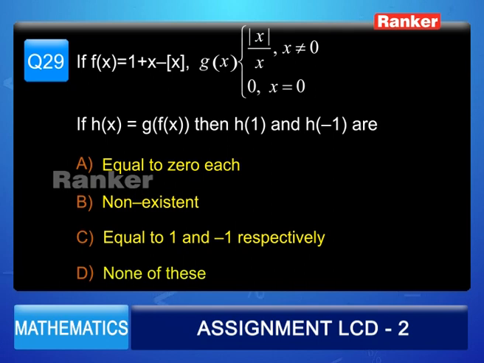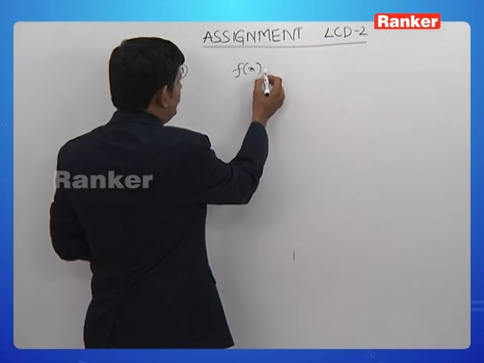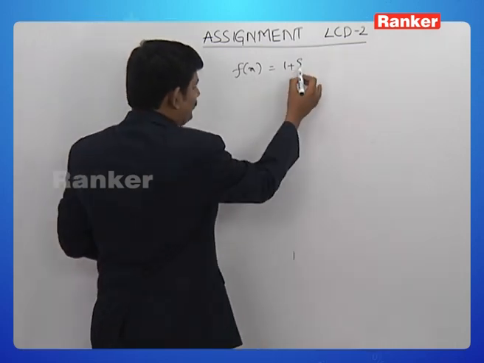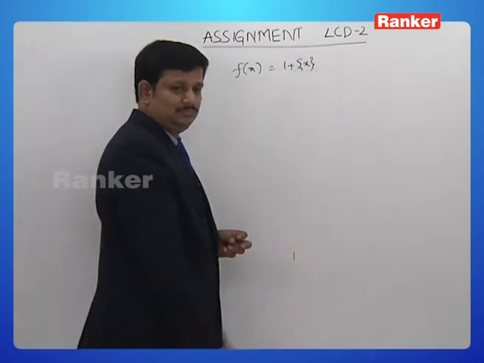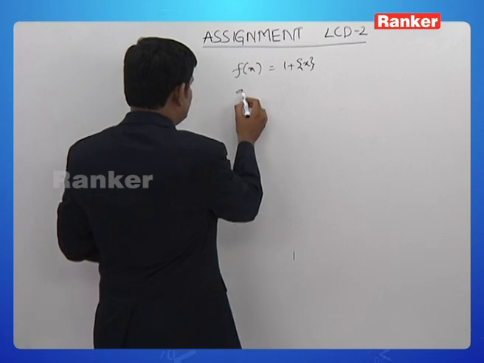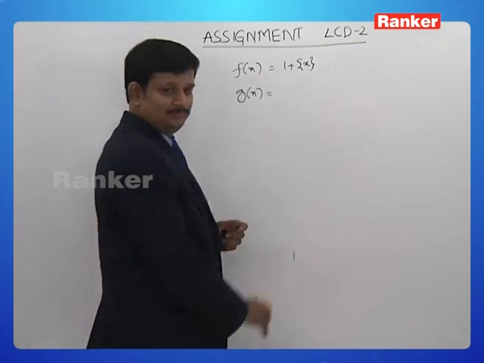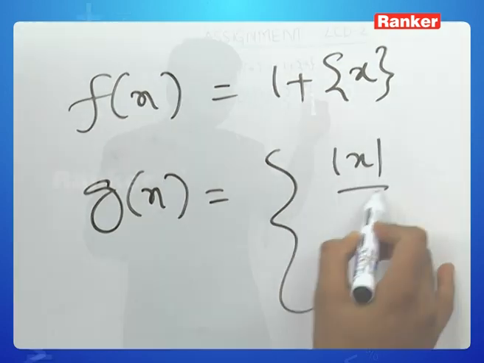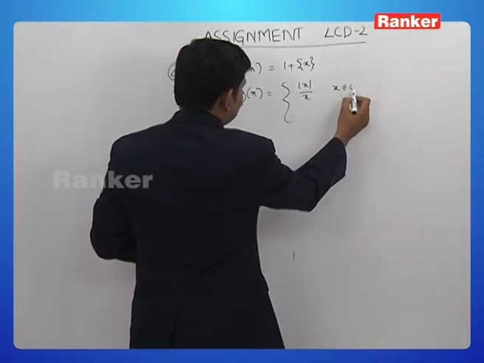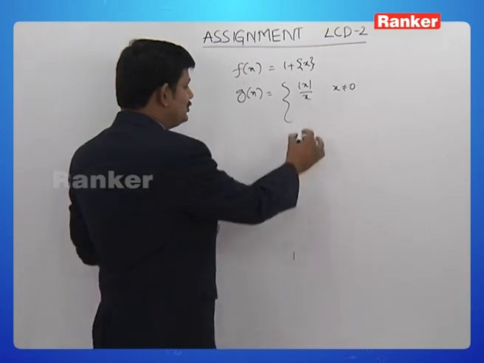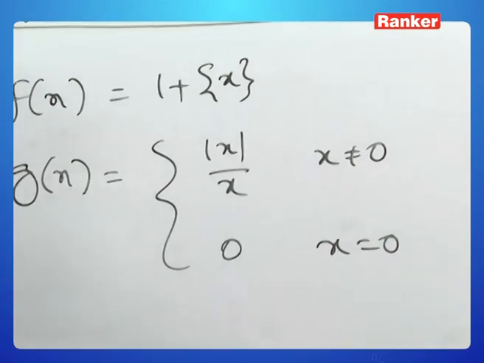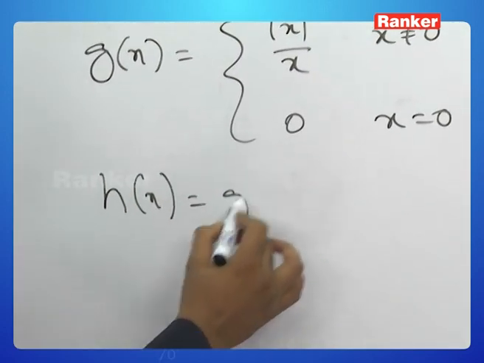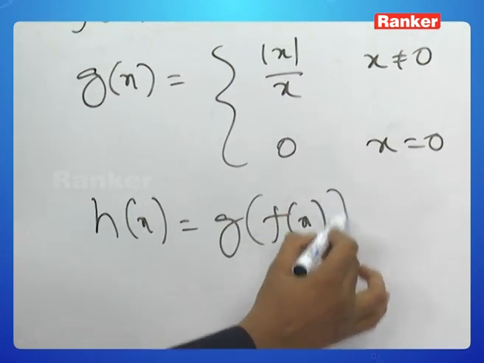F of x is given to be 1 plus x minus integral part of x, which is 1 plus fractional part of x. G of x is given to be mod x by x if x is not equal to 0, and 0 if x is equal to 0, and h of x is defined as g of f of x.